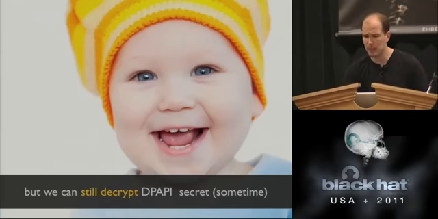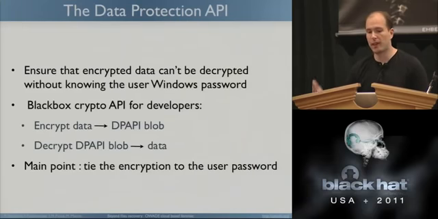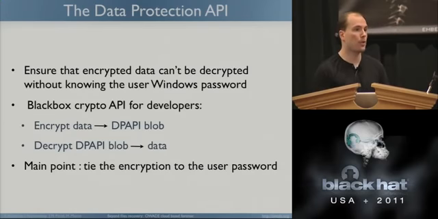So, DPAPI, also known as the Data Protection API, is the API released by Microsoft with the idea in mind that if you store high-level passwords, they should be tied to your Windows password. So that people who are able to steal your laptop are not able to extract your password directly without doing some work.